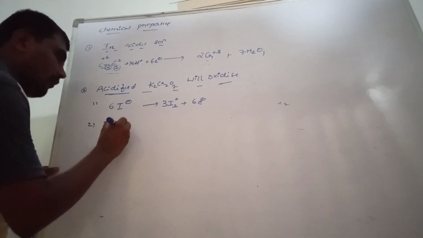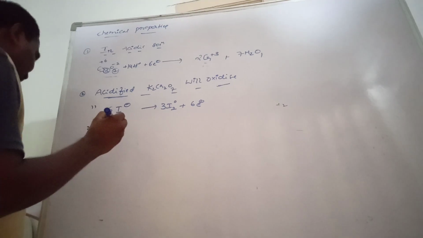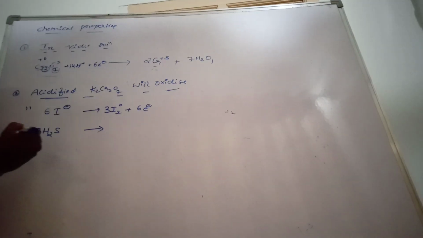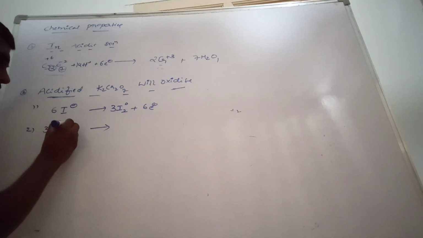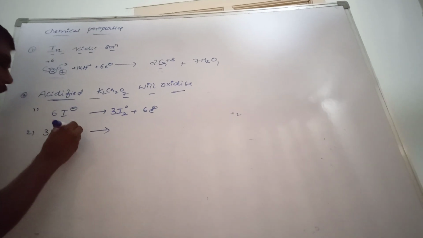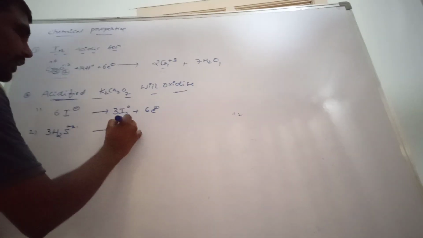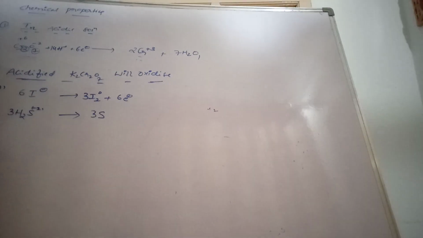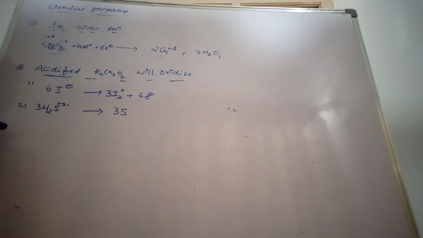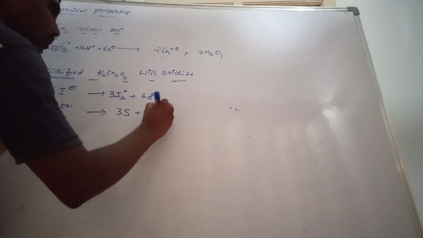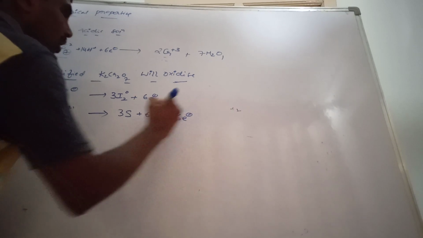Three moles of H2S gives, see students, here sulfur is in minus 2 oxidation state. After the reaction, it is converted to 3 moles of sulfur and 6 H plus and 6 electrons.